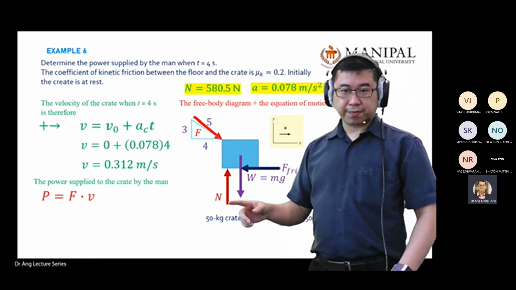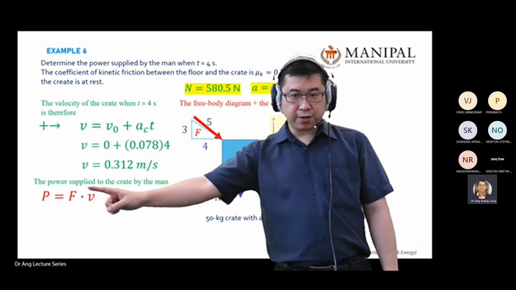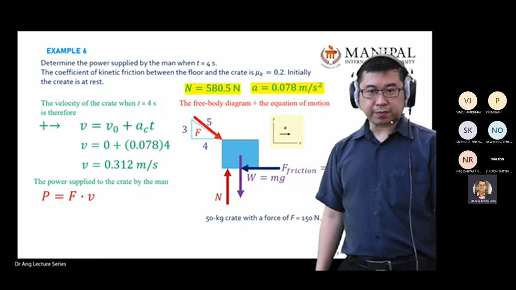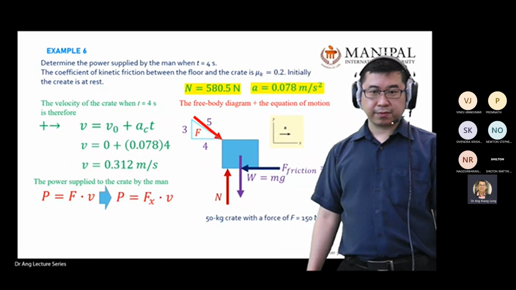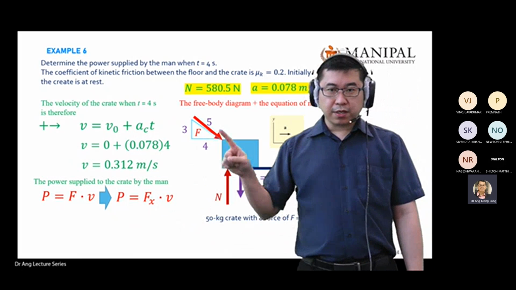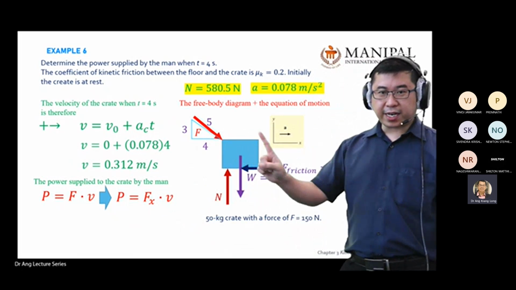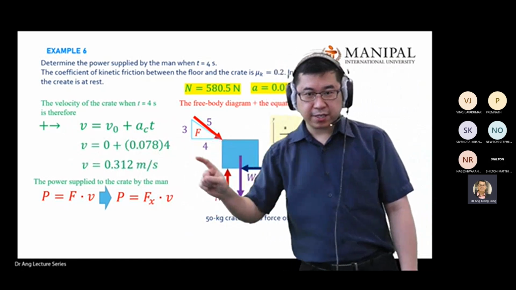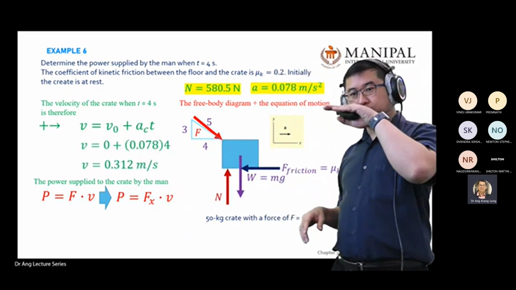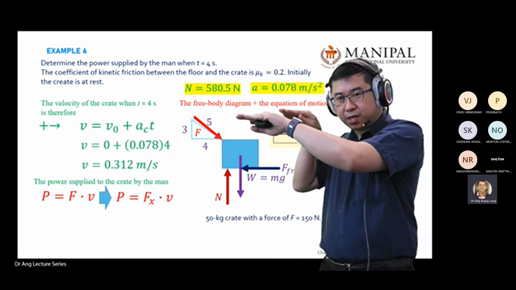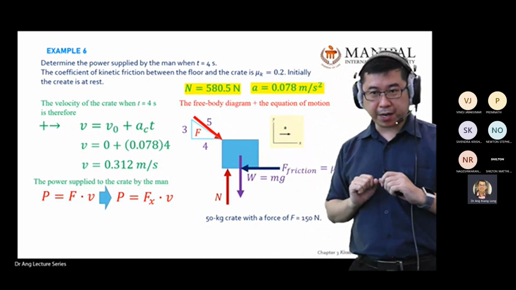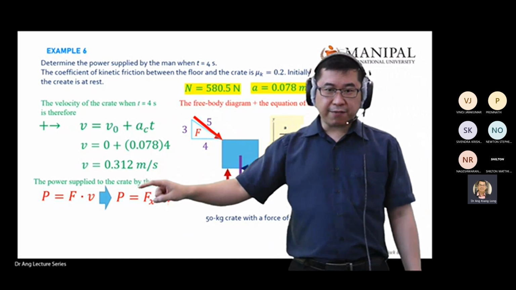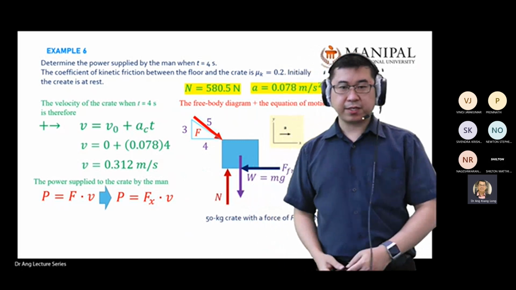So you have P equal to force times v. The v is moving in the x direction, so all the force that is parallel to the velocity gives you power. Fx multiplied by v.